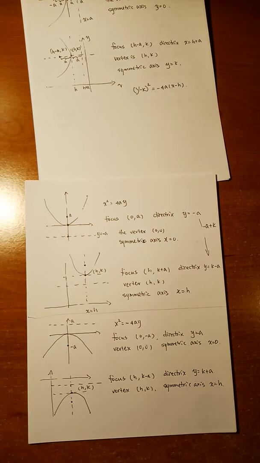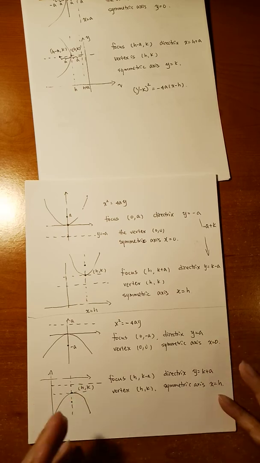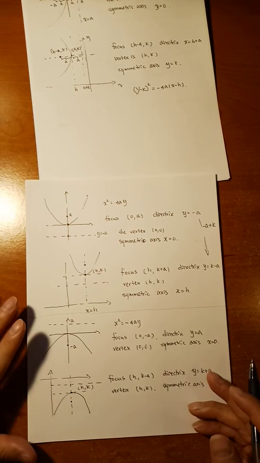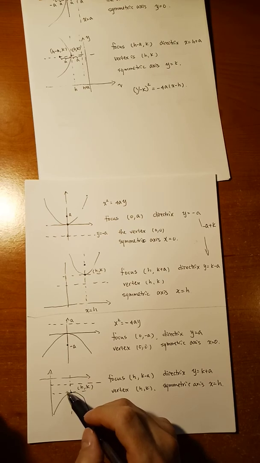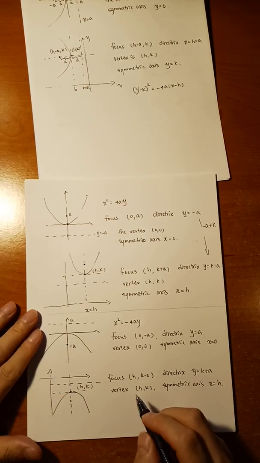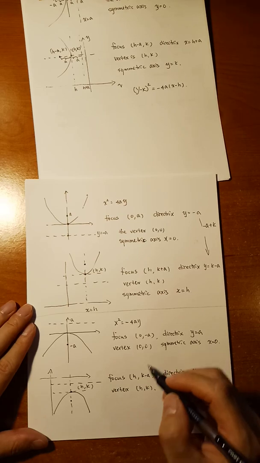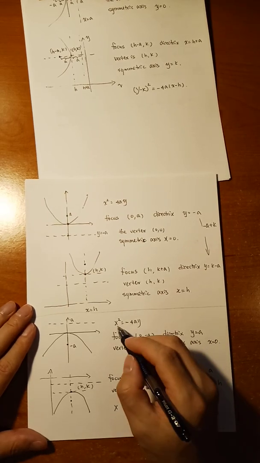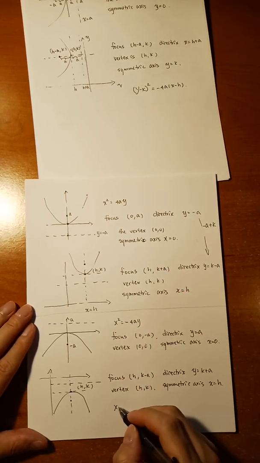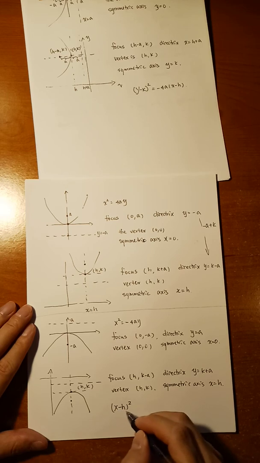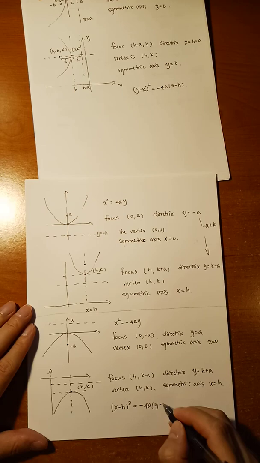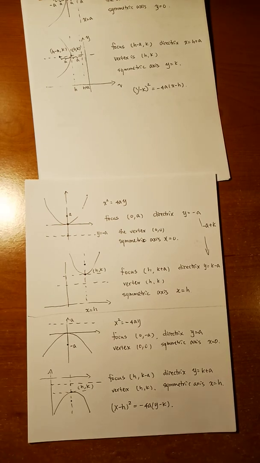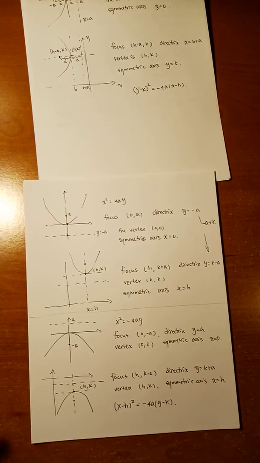Okay, always add h, k for the coordinates if you want to move the vertex from (0, 0) to (h, k). And when you try to write the equation, you always replace x by x minus h. Don't forget parentheses. Negative 4a. Replace y by y minus k. Don't forget parentheses. It's very important to have the parentheses.